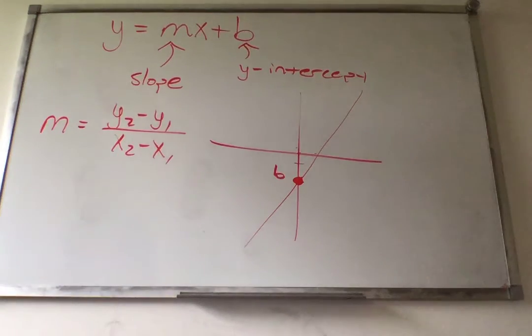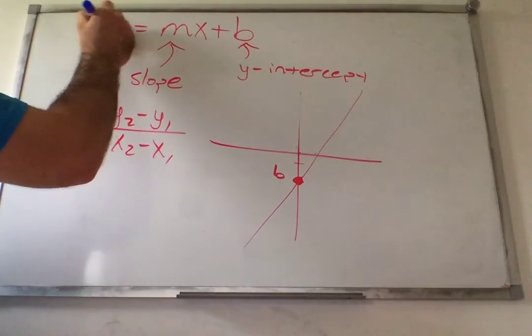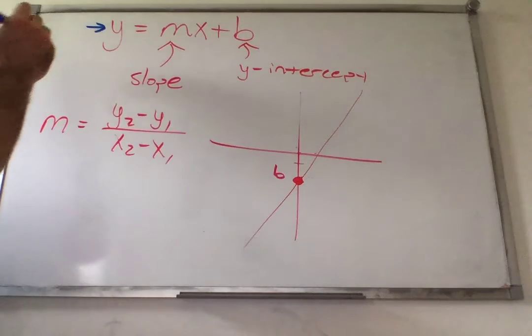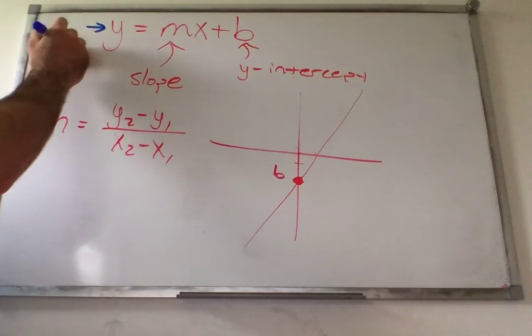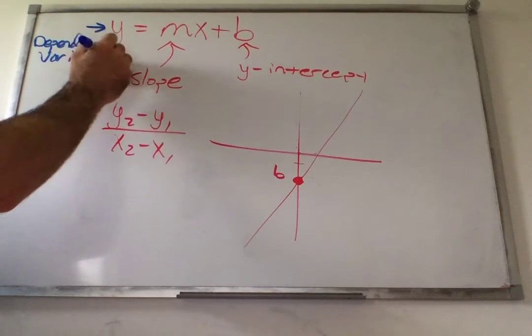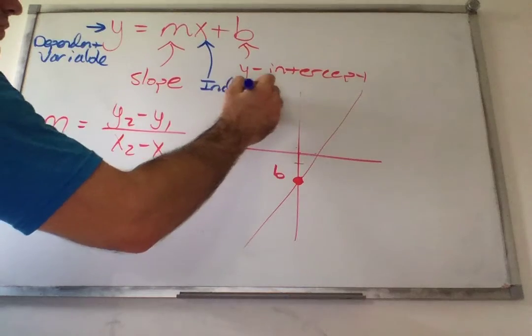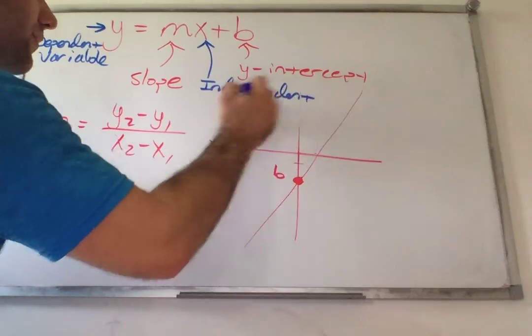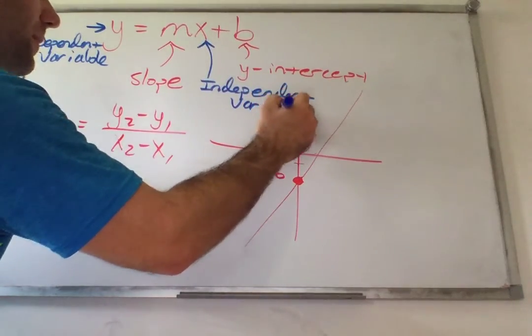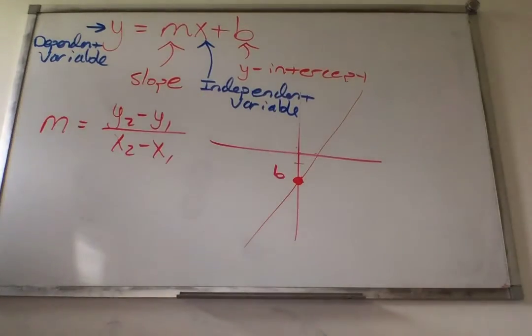Now, when we're talking about an equation of a line, we've got independent and dependent variables. This one is the dependent variable, and this one is the independent variable. Now, let's talk about exactly what that means.